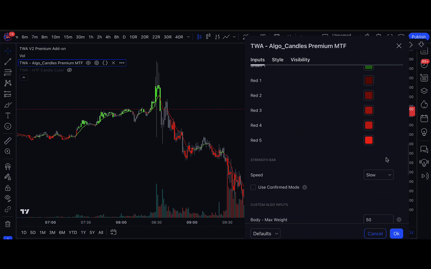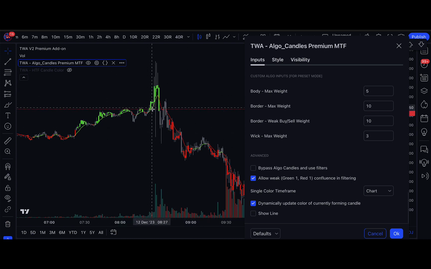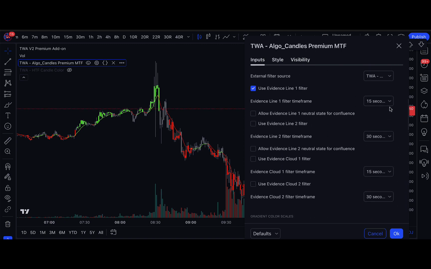And that brings us to the last part of the indicator, which is the advanced section. You could say, hey, on one of my layouts, even though I love the algo candles, I will bypass the algo candles and I will only use the filter. So this filter that's on right now is only the evidence line.